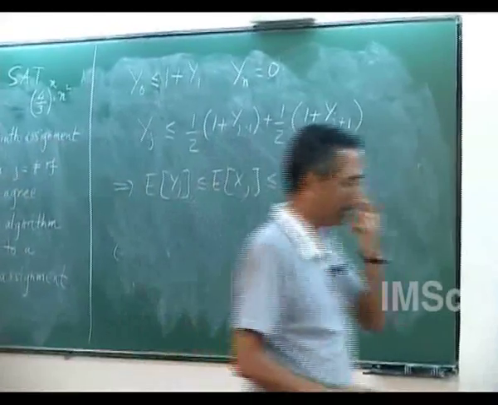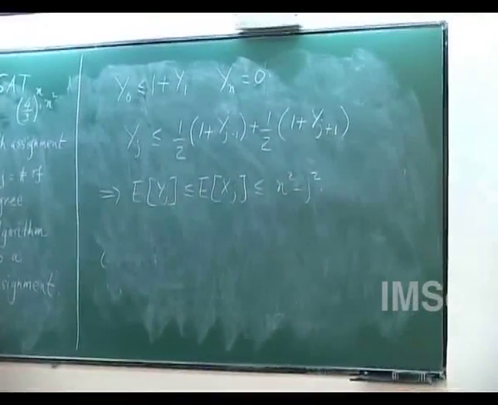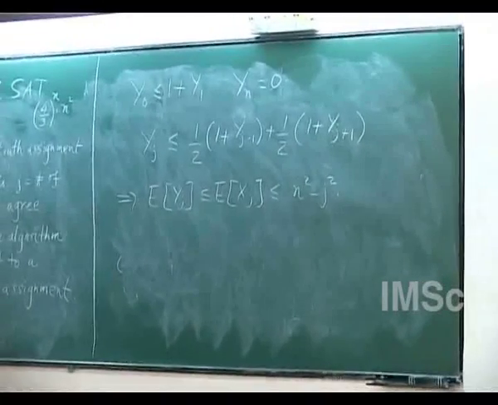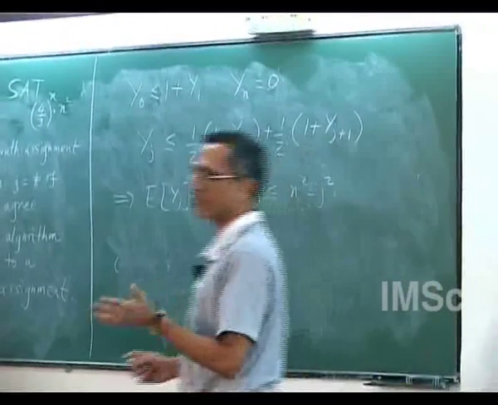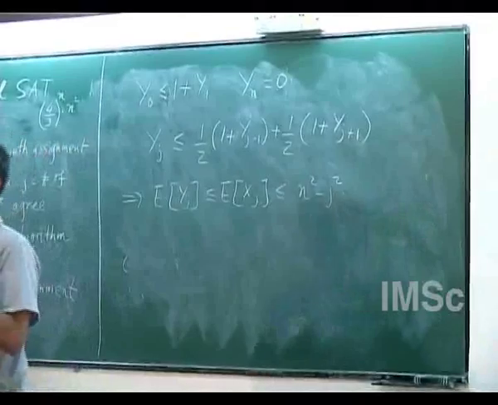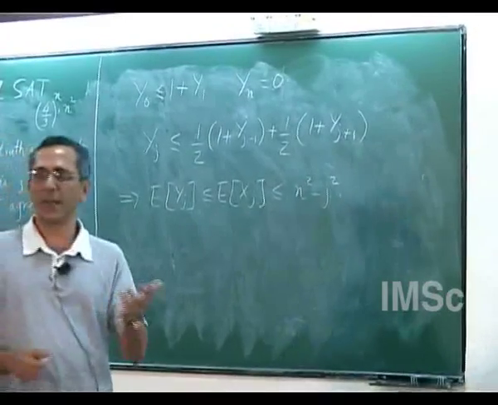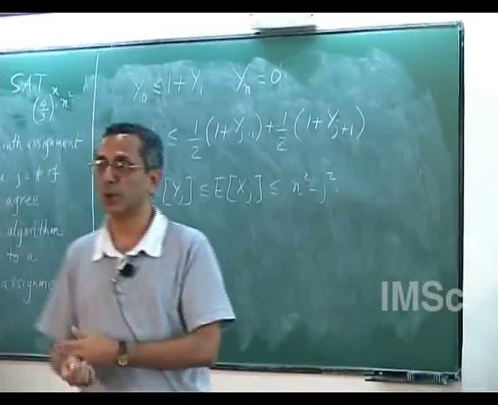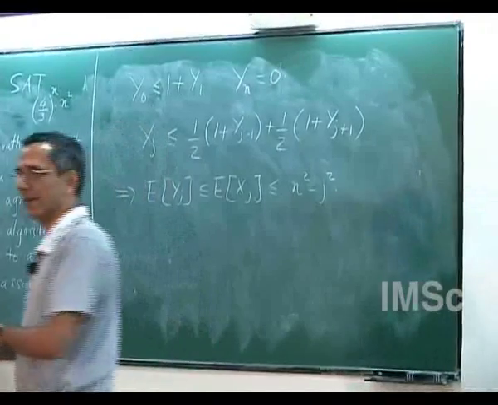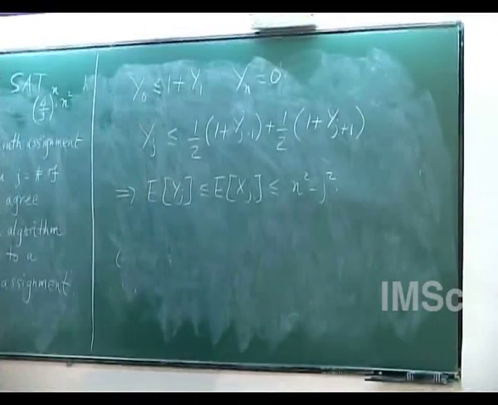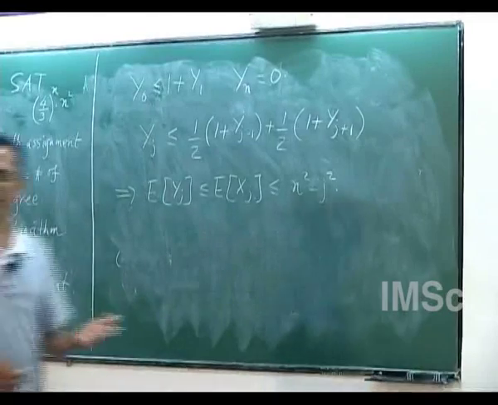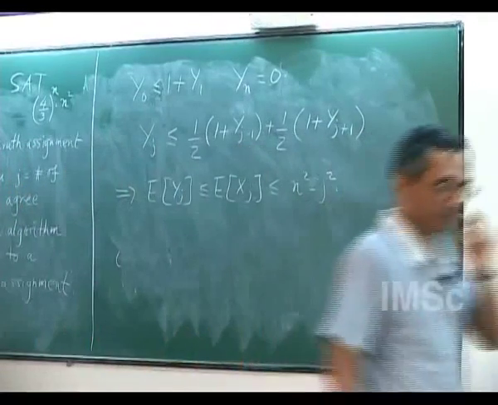Okay, so therefore this algorithm requires only, in expectation, at most n square steps. So if you run the algorithm for 2 n square steps, by Markov's inequality you know that with probability at least 1/2 you will find a satisfying assignment if the formula is satisfiable. And that is the simple algorithm of Papadimitriou.